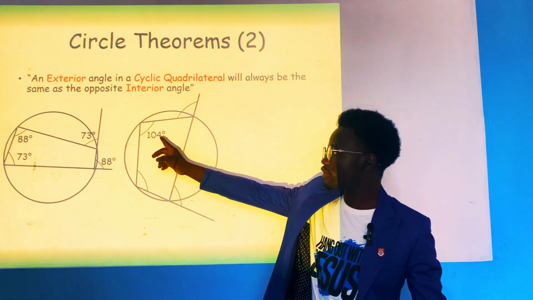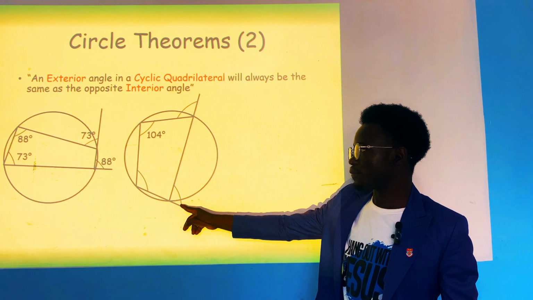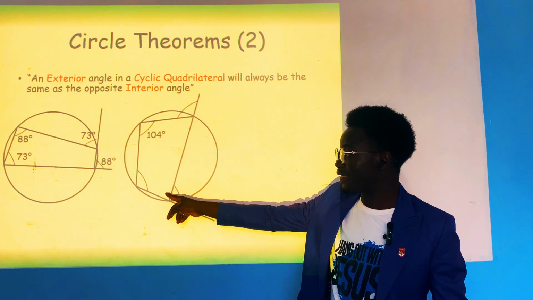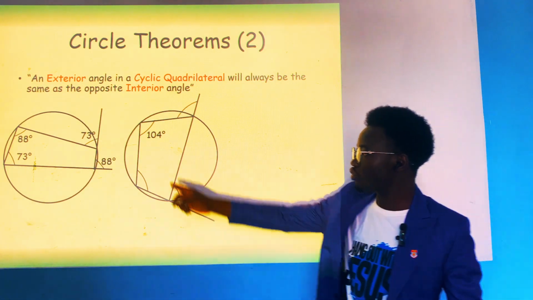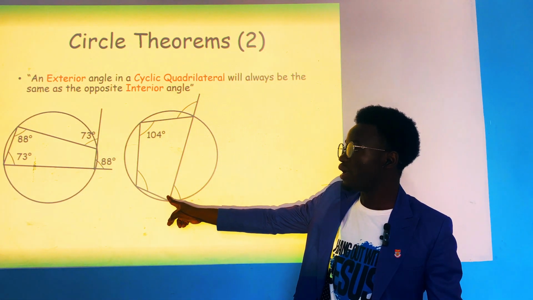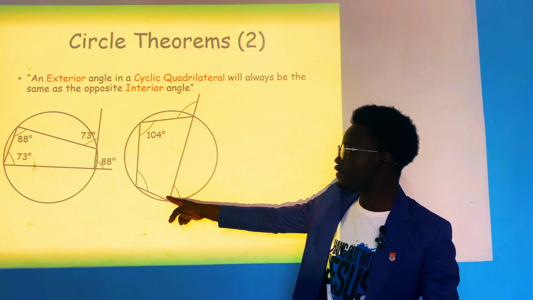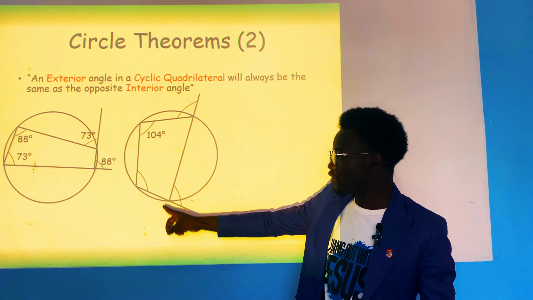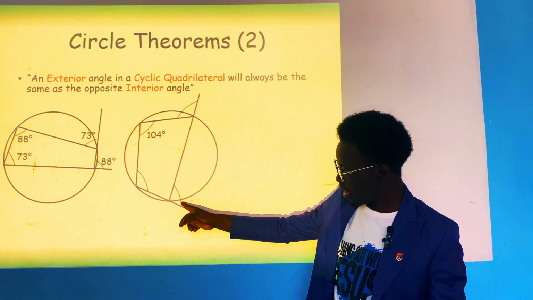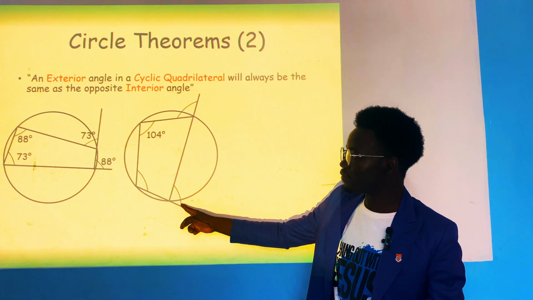So if here is 104, here is also 104. Okay? Because when you find this angle here, because they are opposite, when you sum them up, it should give you 180 degrees. So if I find this angle here, it is going to be 76 degrees. I add this up, it's also a straight line, and I also get 104 degrees.